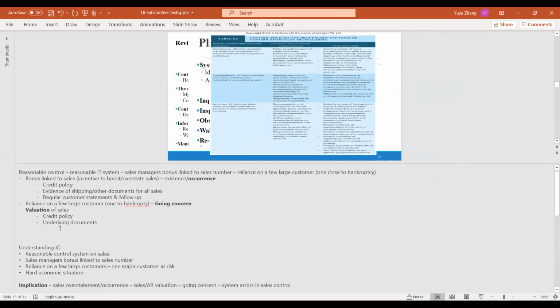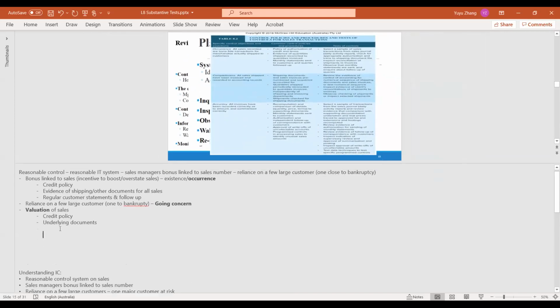What about cutoff assertions? Would you carry them out? Cutoff, yes, cutoff assertion could also be important. Cutoff for sales and also purchases is a must-have procedure. It actually serves the occurrence and completeness assertions as well.